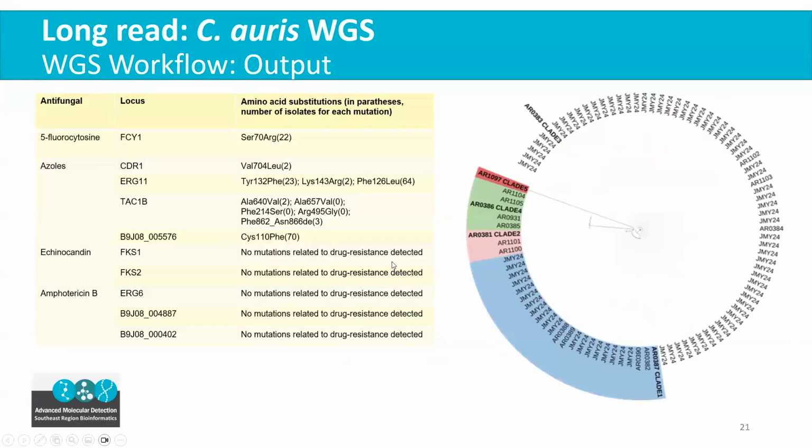Here is a study I conducted last year where 100 samples were sequenced for phylogenetic and drug resistance analysis. Interestingly, we found samples belong to only 2 clades, sorry, clade 1 and clade 3, with drug resistance to 5-fluorocytosine and azoles detected.